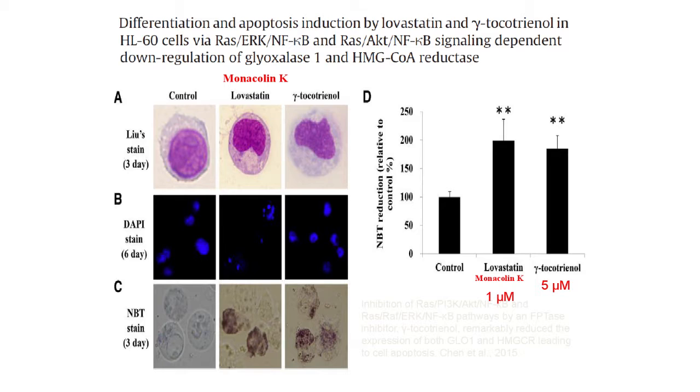Now we use natural product to recover, to differentiate the immature HL60 cell back to neutrophil. We use this test to test the superoxide. We show the neutrophil can generate superoxide.